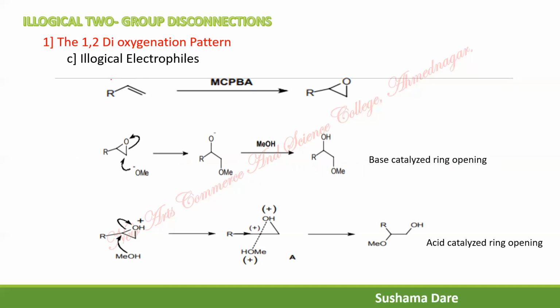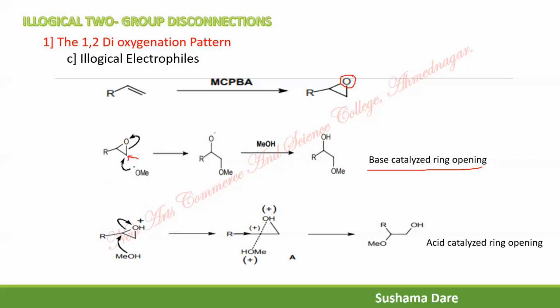Now the next example of an illogical electrophile is the epoxy oxygen, which also acts as an illogical electrophile. Here the ring opening reactions are shown. The first is the base catalyzed ring opening. In this case, the methoxy group attacks the less hindered carbon.